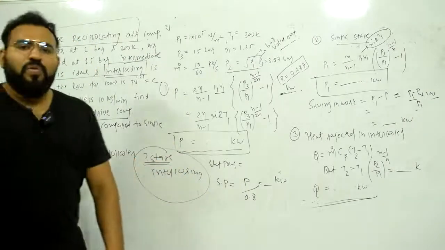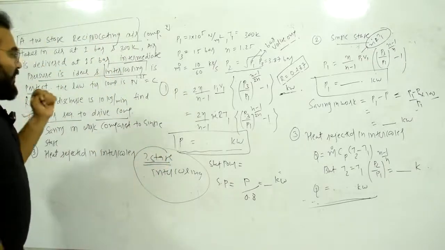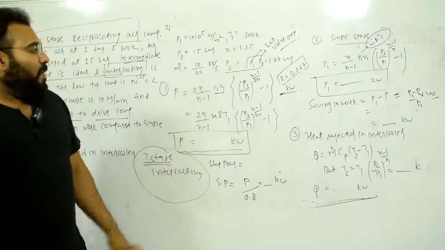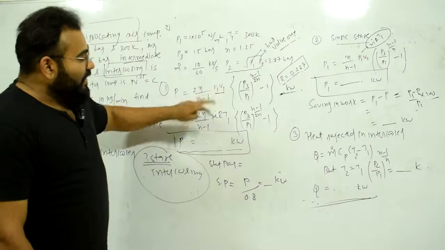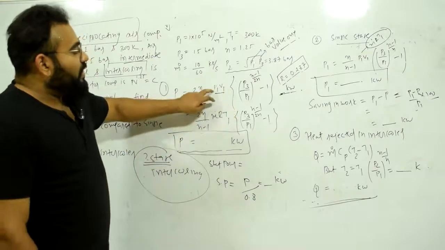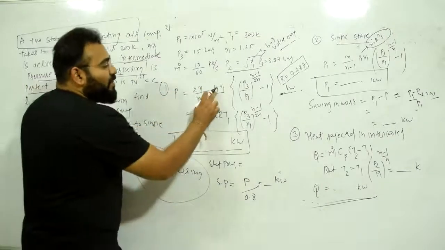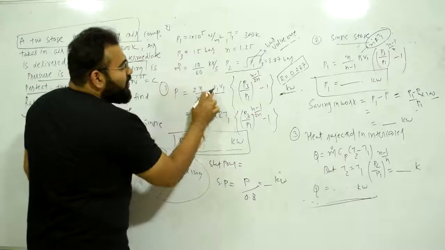What you have to do is slowly read the whole example, then do it step by step. Always remember, if volume and pressure are given, then you don't have to use this formula. You can use P1 V1, but at that time you cannot write the P1 bar value because you want the answer in kilowatt, so you have to convert that bar value into Newton per meter square.